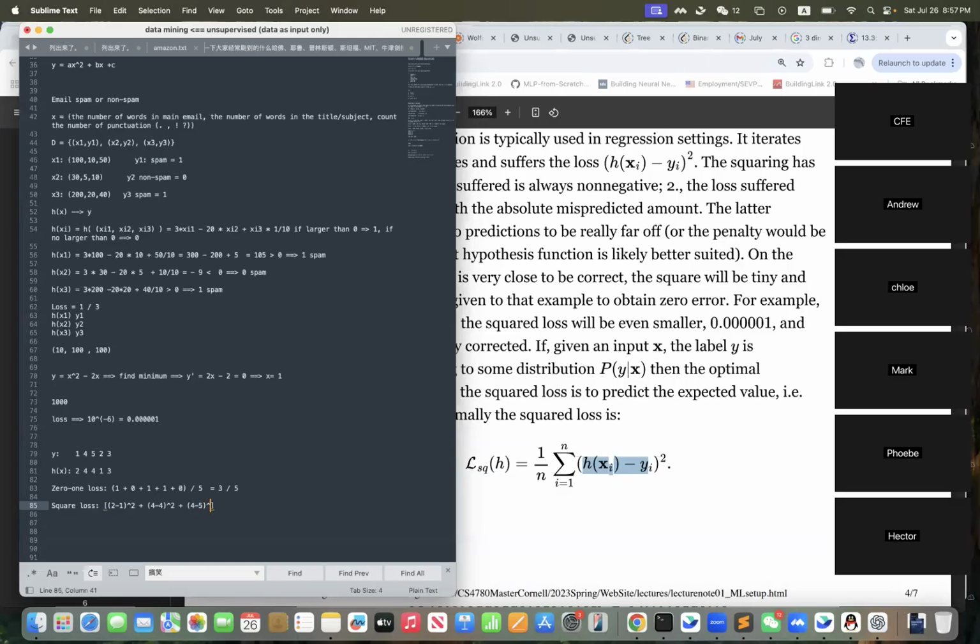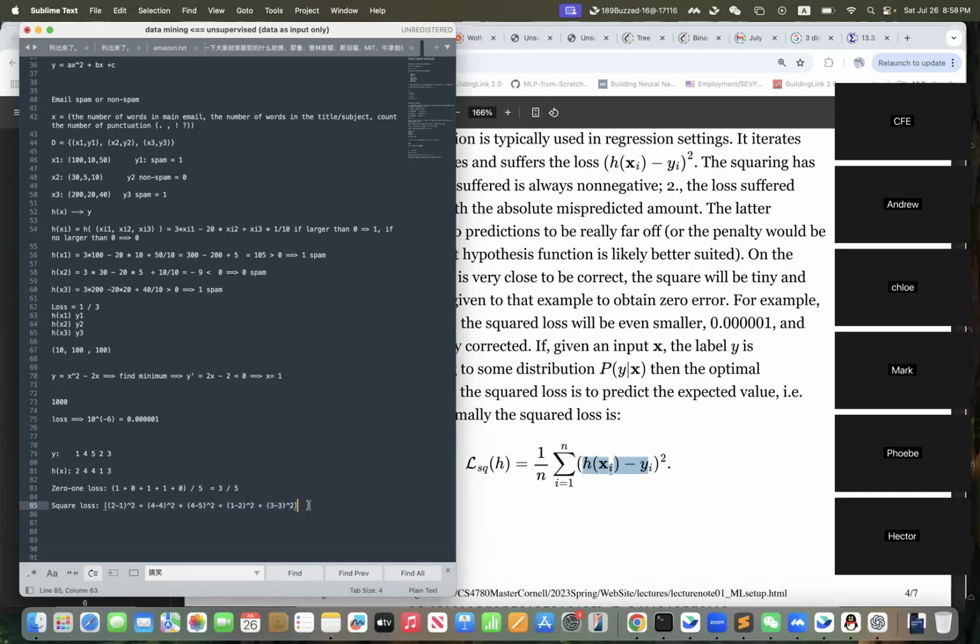Yeah, exactly. The fourth and fifth? 1 minus 2 squared. And then the last one would just be 3 minus 3 squared. Exactly. Okay, cool.